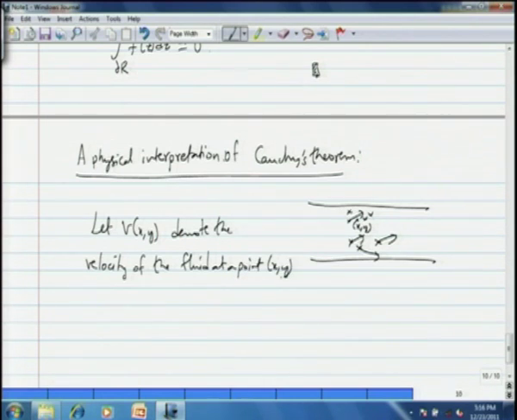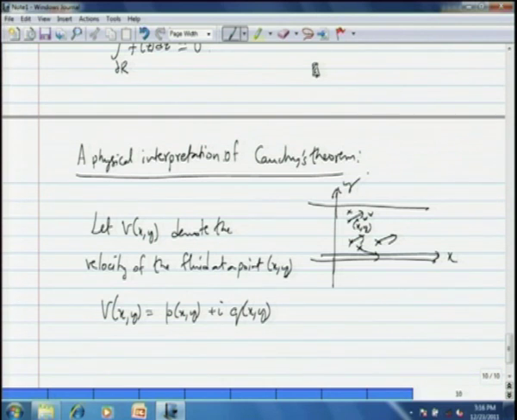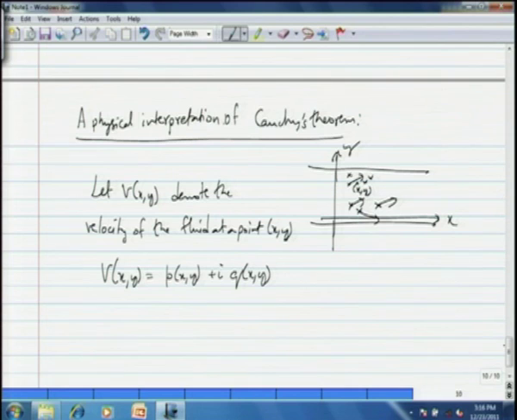x comma y, and we write v of x y as p of x y plus i times q of x y, where p indicates the fluid velocity parallel to the x axis. We will imagine some axes in that conduit, this is an x axis, this is a y axis, and p is the velocity along the x axis and q is the velocity along the y axis.